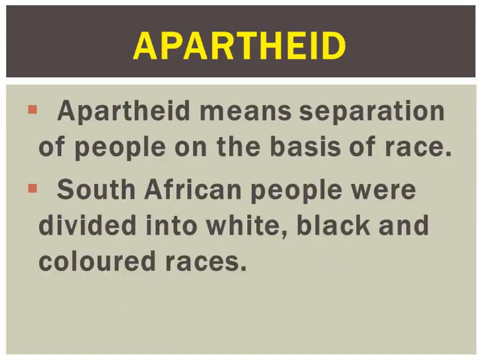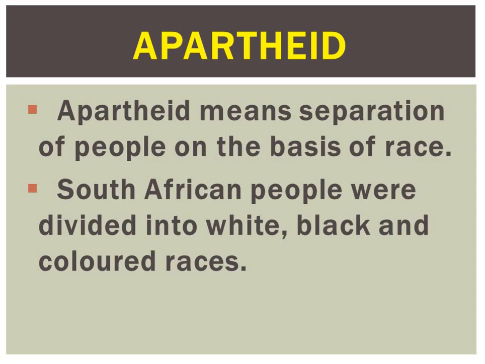Apartheid means separation of people on the basis of race. In South Africa, the separation of people was based on race or their color. Different types of people were living there. The native people of South Africa were the black people.